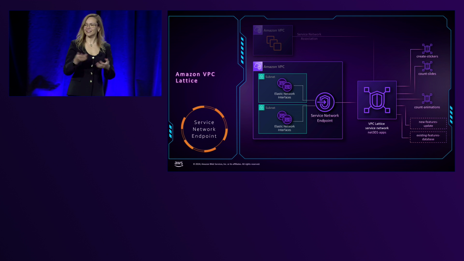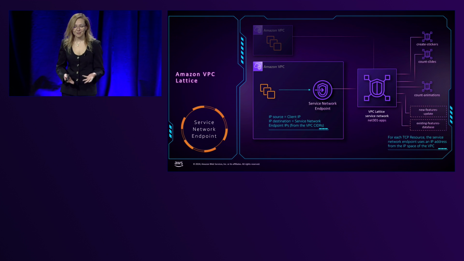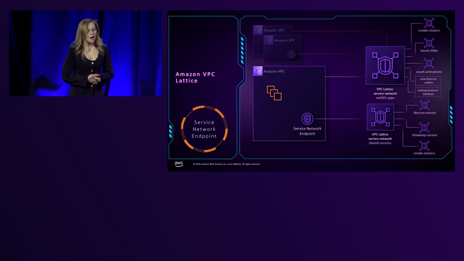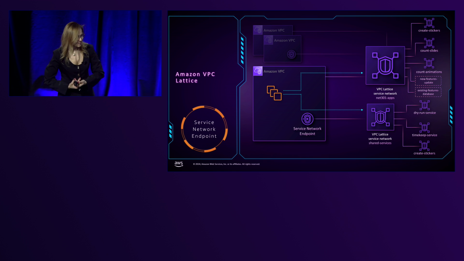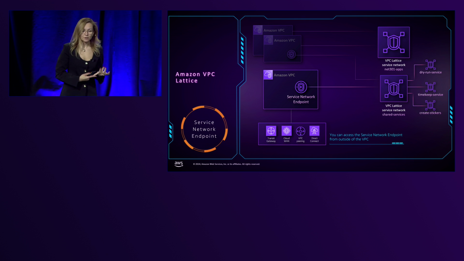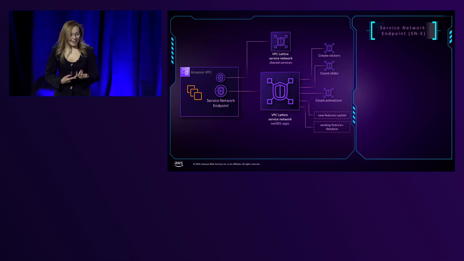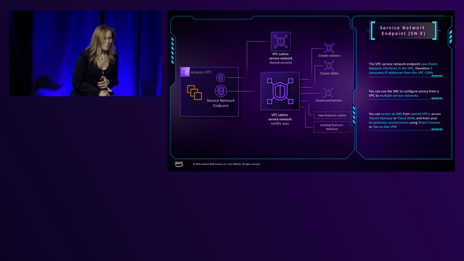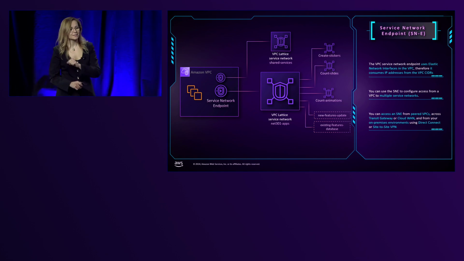You create them, they consume IP addresses from your VPC, and they allow you to also have multiple service networks that you can access from your VPC. So a very big ask from our customers. You can access service network endpoints from on-premises, and very important, because they use IP addresses from your VPC, you can access them from other regions as well.